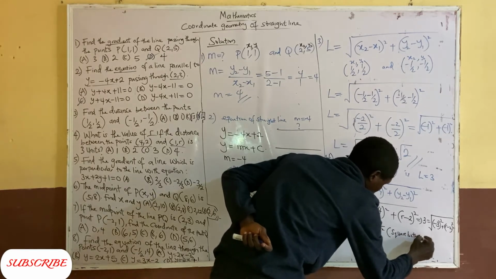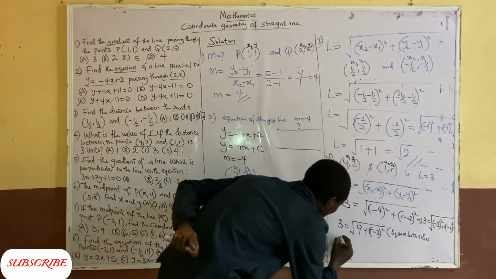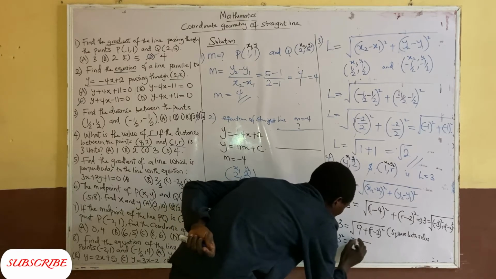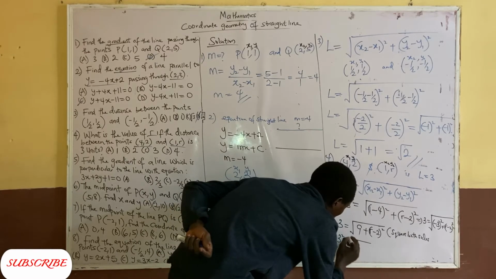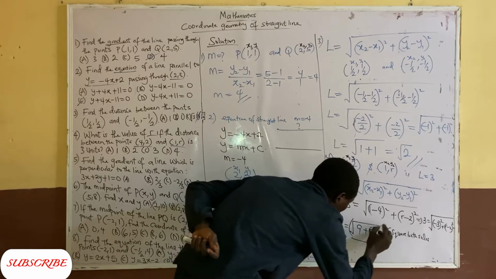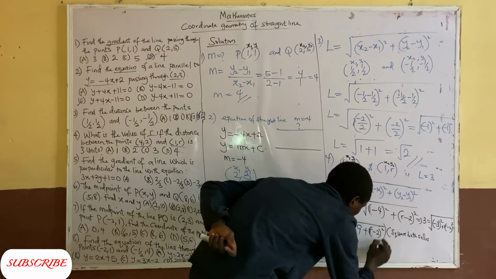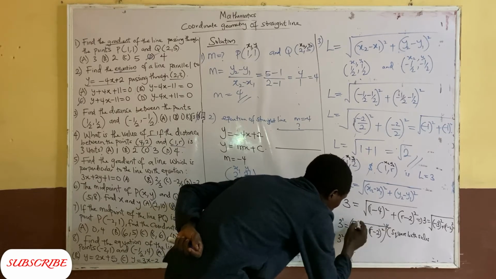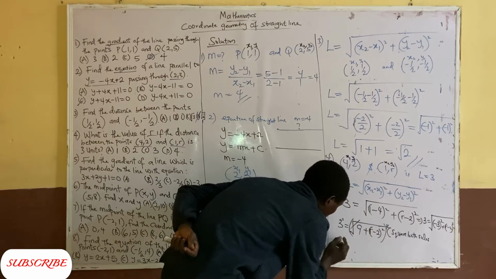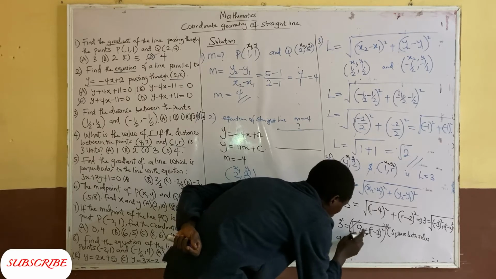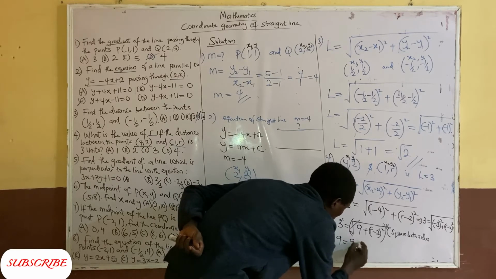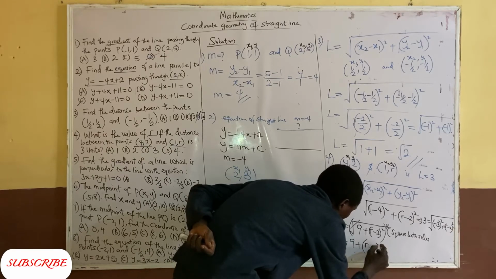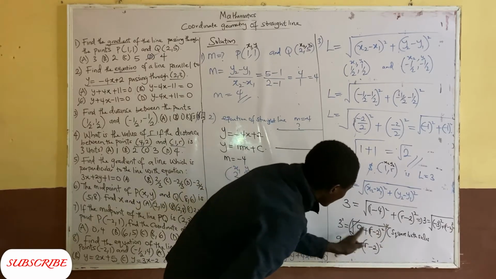Squaring both sides, we have 3 squared equal to 9 plus (R minus 2) all squared, because squaring cancels the square root.